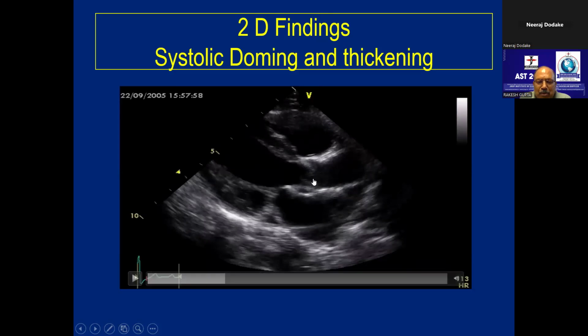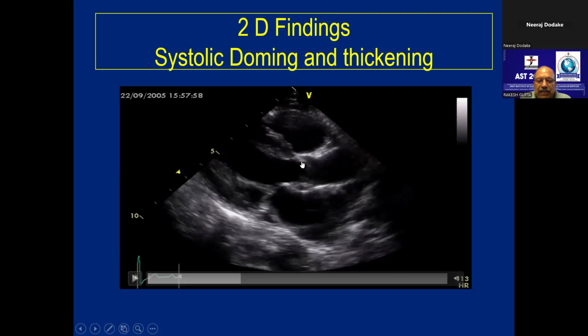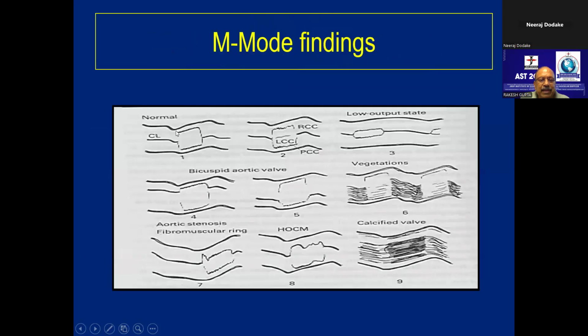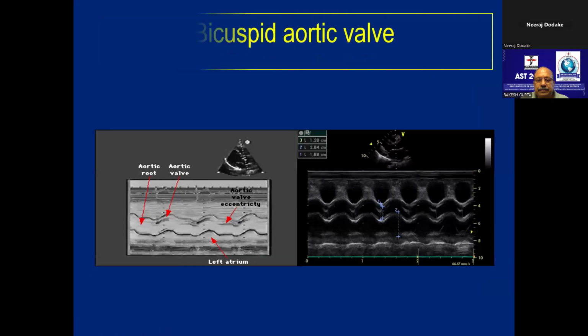Now look carefully at both the leaflets. Here is one leaflet. Here is the second leaflet. In a normal aortic valve, they open straight. That's why this box, which I showed you a few minutes back, is opening straight. Here, this box would be triangular shaped. Okay? Thank you, sir.